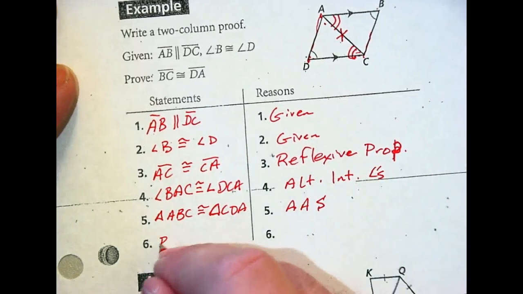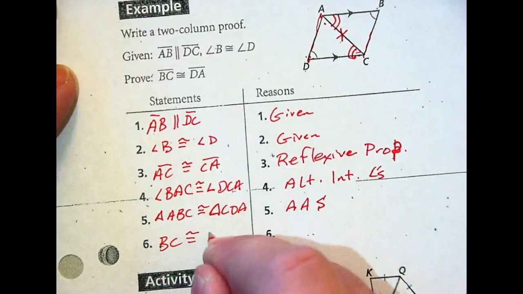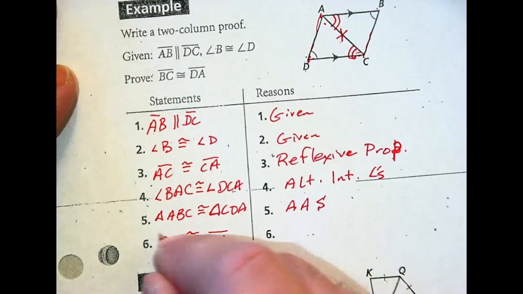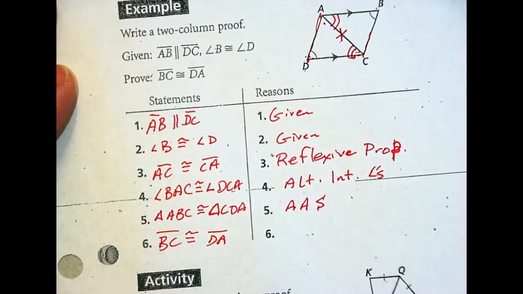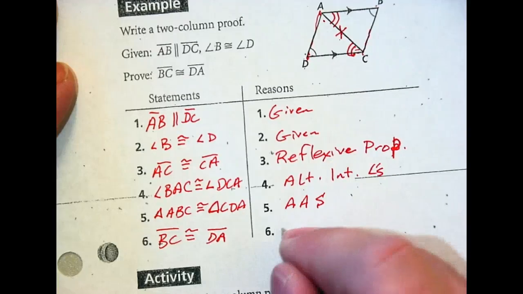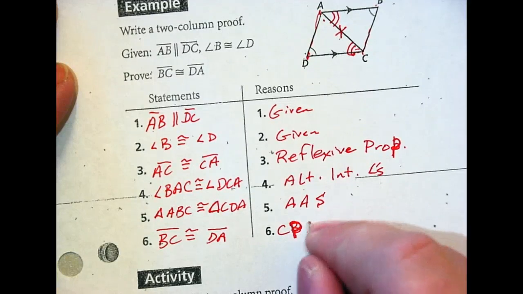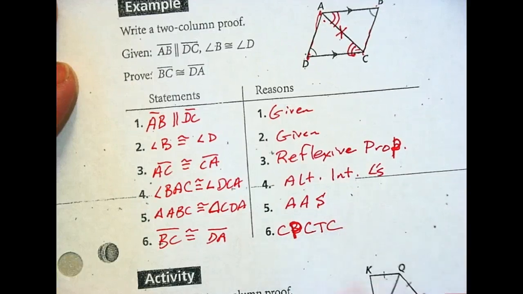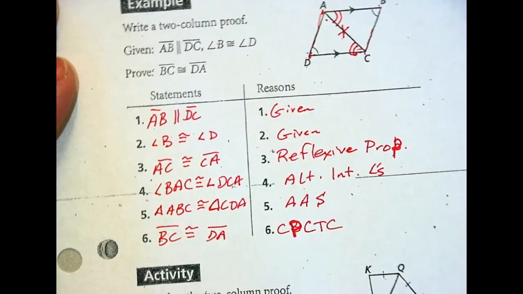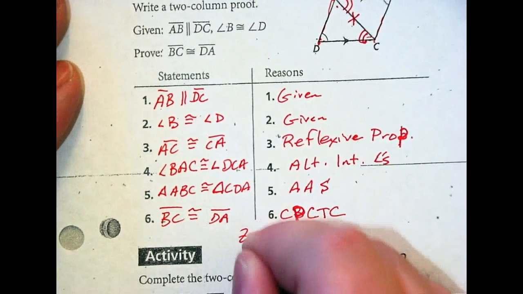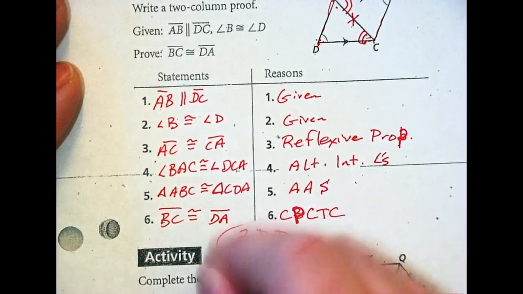And then BC congruent to DA, excuse me, by CPCTC. Having a problem with my B's and P's today. CPCTC. How did you say it fast?